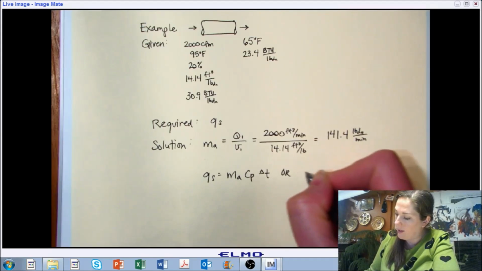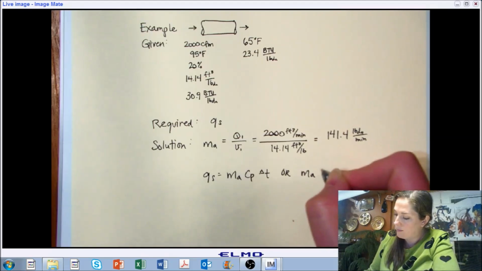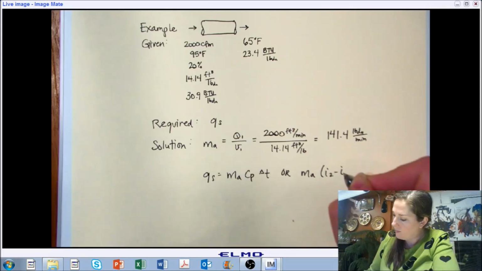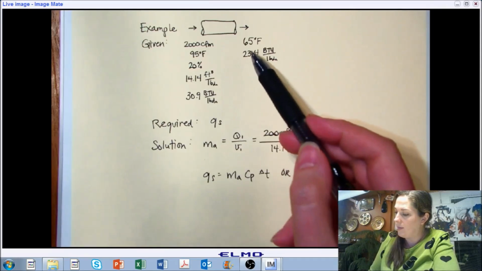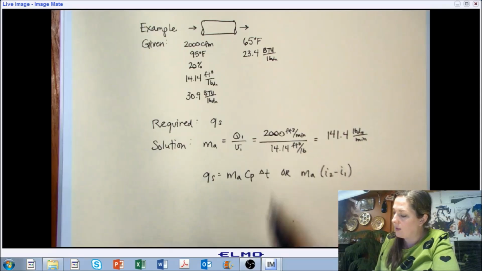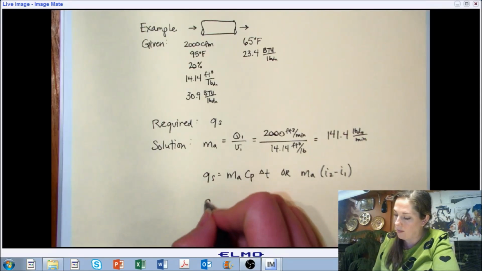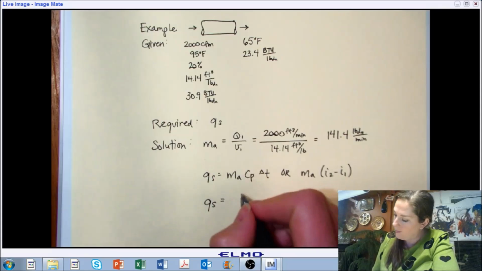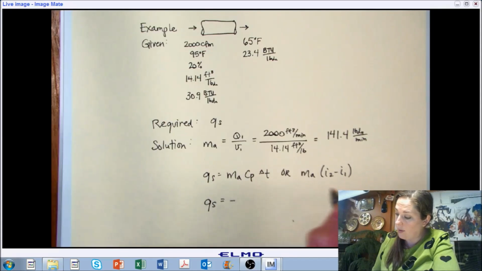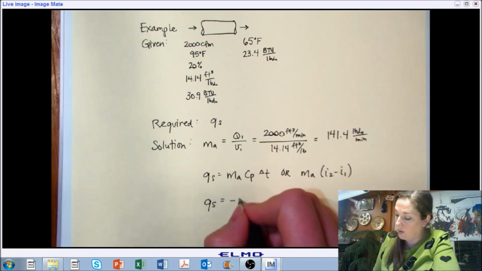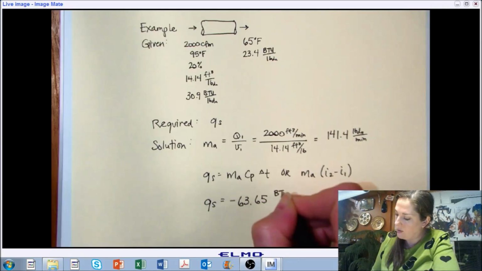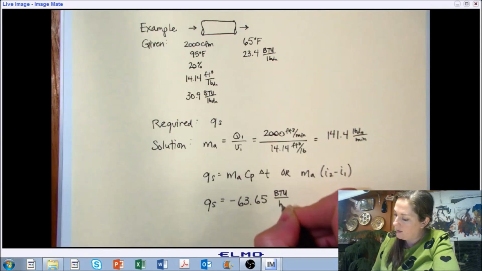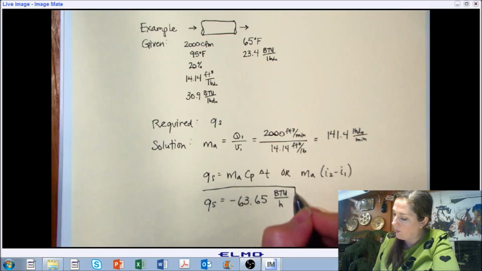We can use, again, either of our equations. In this case, we now have our mass of air, and we've already solved for the second and first enthalpies, so we plug in those numbers, and we'll end up with, again, a negative number if we keep it I2 minus I1 because we cooled. So you just need to recognize when you get the sign whether it makes sense or not.